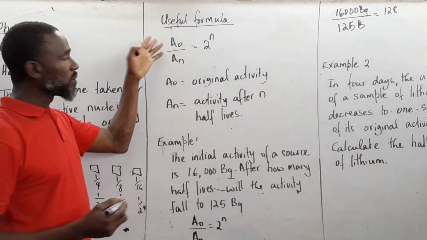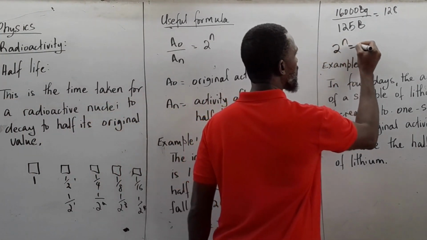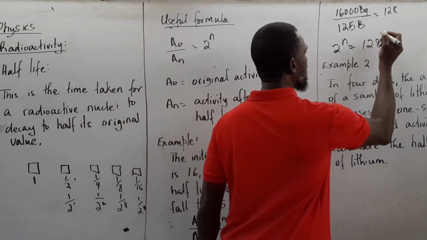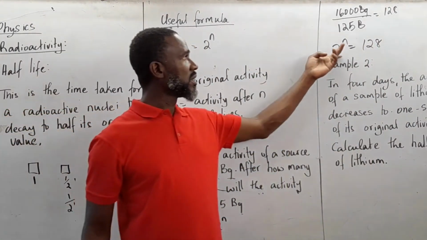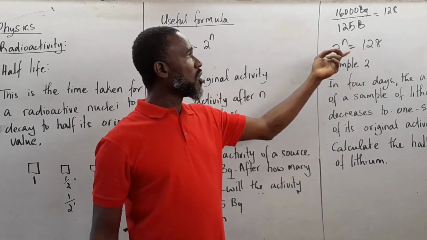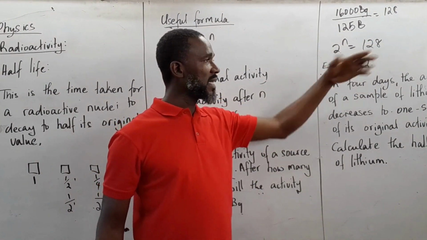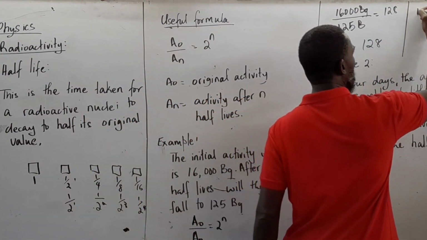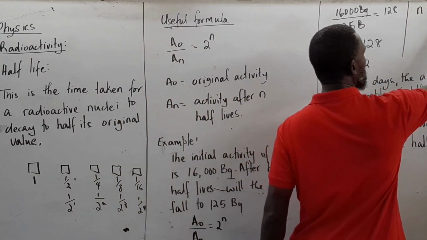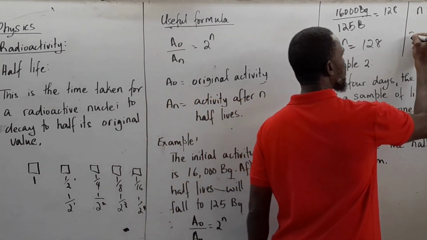Using the formula, this 128 represents 2 to the power n. So 2 to the power n is equal to 128. So what is this question asking? This question is asking how many times will 2 multiply by itself to give you 128. And by calculation, we know that n is equal to 7. If we check it, 2 to the power 7.